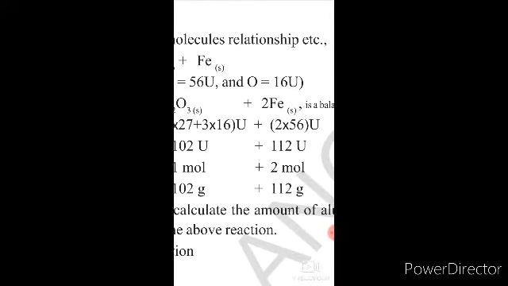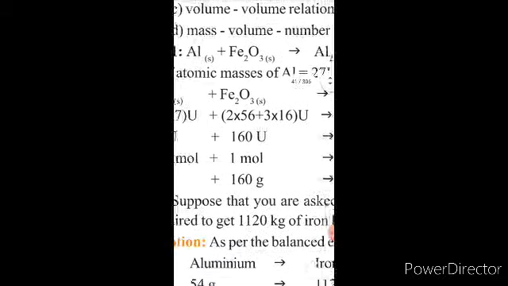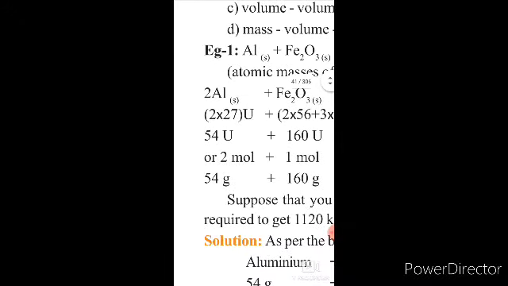Just like that, if you have 10 rupees, for 10 rupees you will get 20 chocolates. If you have 20 rupees, how many chocolates will you get? Just like that, if you take 54 unified mass, you will get 112 unified mass of iron.